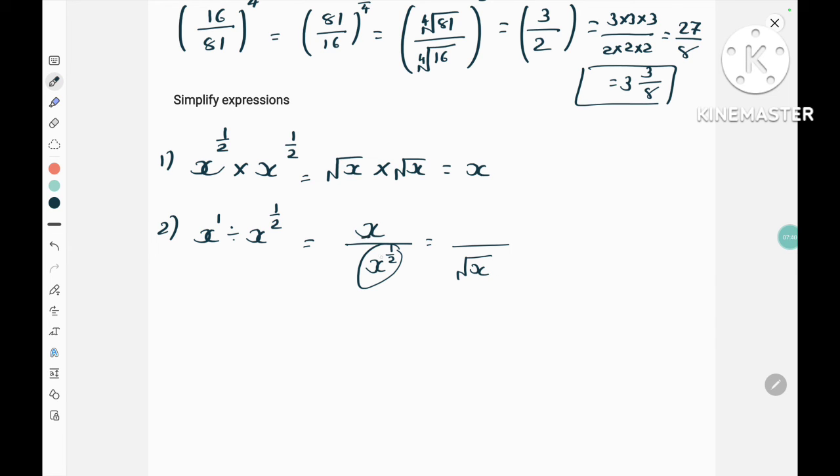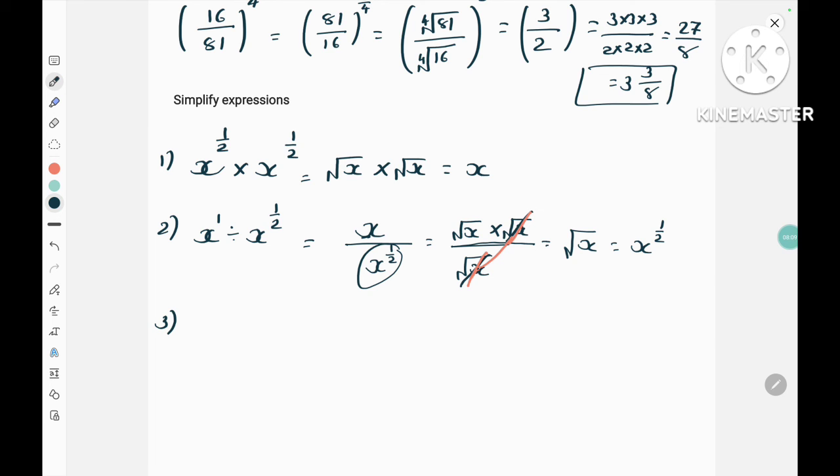Here this x, only x, means we can expand it like this: root of x times root of x. So one root in the denominator and numerator we can cancel, right? So equal to root of x remains, or we could say x to the power of half. This is the simplest answer.